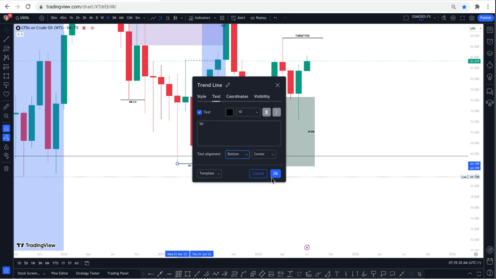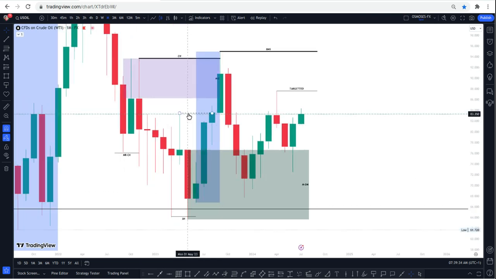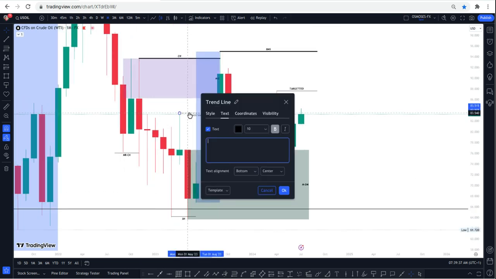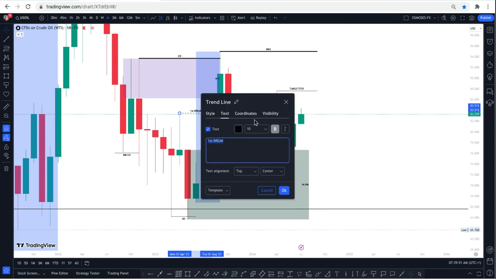Now the stop runs, liquidity. This is the first break. First break. So I'm actually using this first break to find my demand, where my demand started from as the first break.